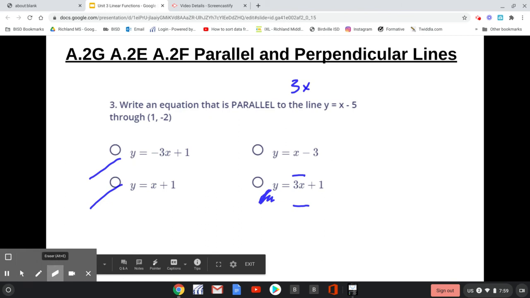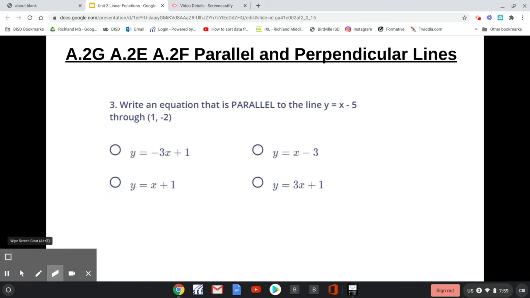Let's look at another one. Write an equation that is parallel to this line. So parallel means they have the same slope. So we have one here and here. We can mark these two off.